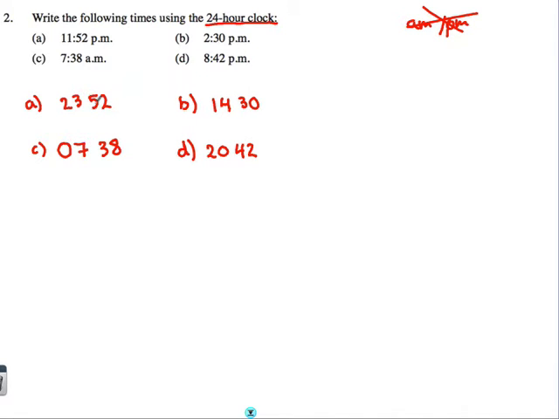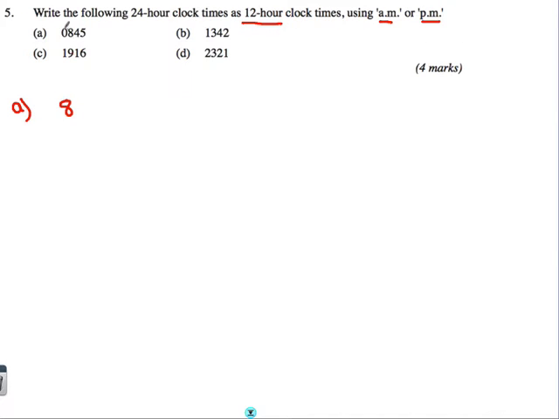We only added 12 when there was a PM, and those numbers were all bigger than 12. Can you see that? They were all bigger than 12 because the PM made it bigger than 12. So, because this isn't bigger than 12, it has to be AM.